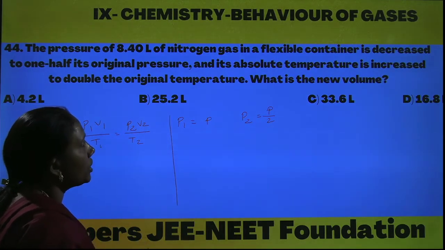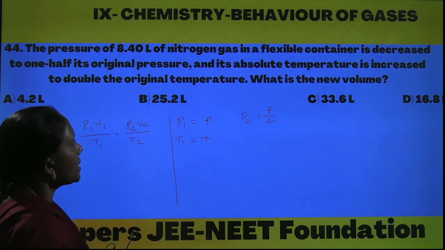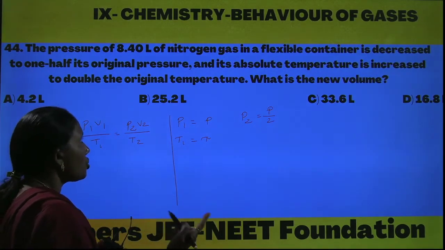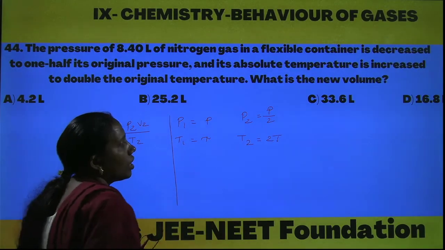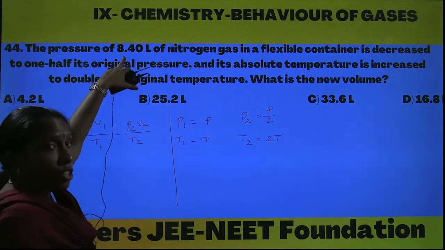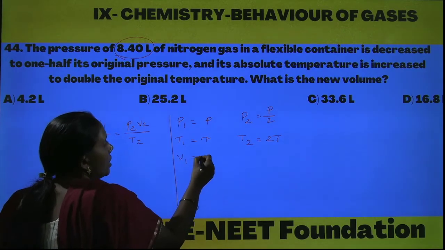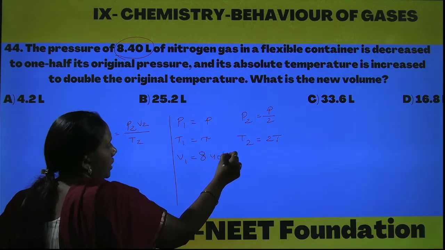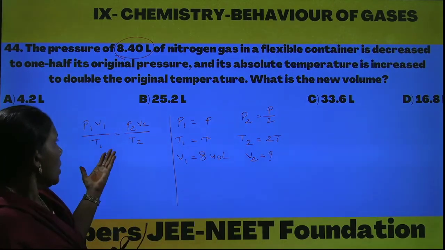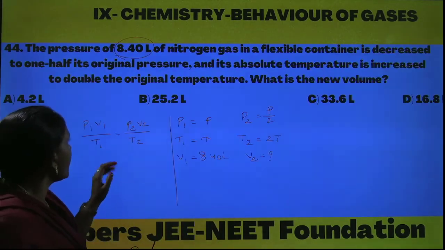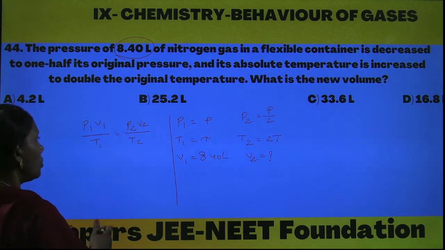And its absolute temperature T1 equal to T, and its absolute temperature is increased to double, means T2 becomes 2T. Then what about volume? Already volume is given here. How much is given? 8.40 liters. V1 is 8.40 liters. Then they are asking to find V2. So this is the formula and this is the data. Just substitute in that, we will get the value of V2.